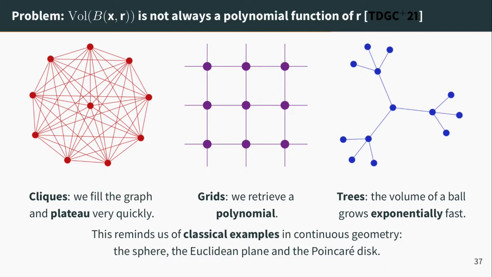If you take, for instance, this node x, a ball centered around x of radius 0 is just 1. And a ball centered on x of radius 1 is already immediately the full graph. So the volume of the ball plateaus very quickly. There is nothing to make regression on.